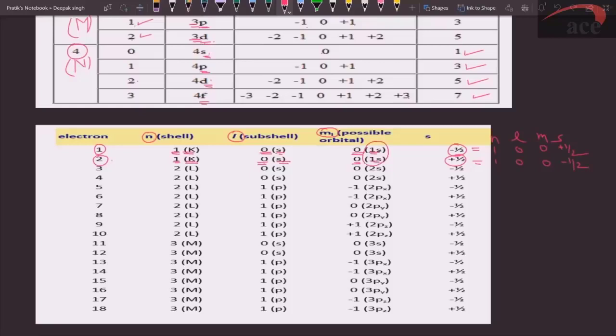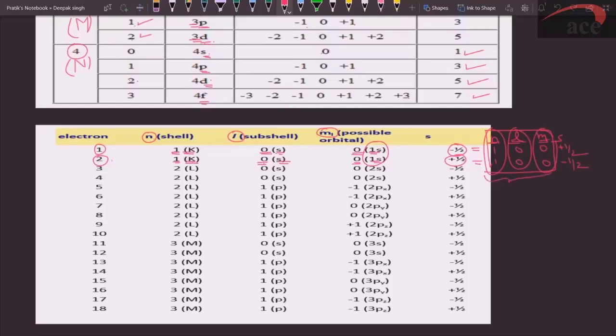So if you see, both electrons enter into the same subshell, that is 1s. If two electrons are present in the same subshell, that is the same orbital, then three of their quantum numbers are the same. Can you see? For the first electron and second electron, the N value, L value and M value are the same.